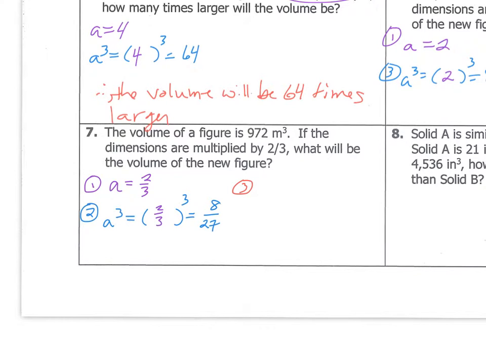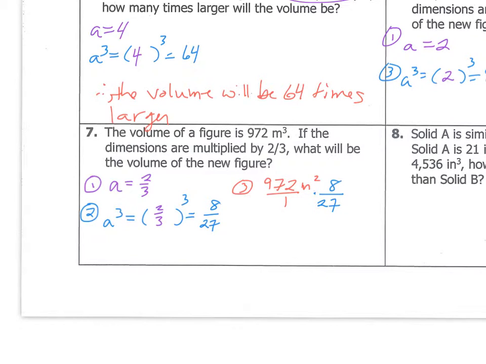Yes, we're going to take our original volume, which is 972 meters squared. We're going to put that over 1 because we're going to multiply it by our new scale factor for volume, 8/27. So in your calculator, it's just easy to take 972 and multiply by 8, hit equals, and then divide by 27.